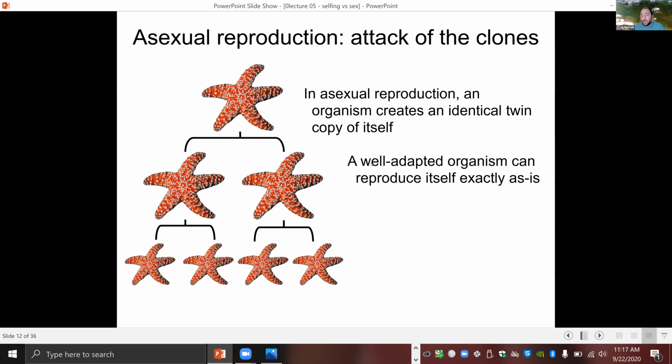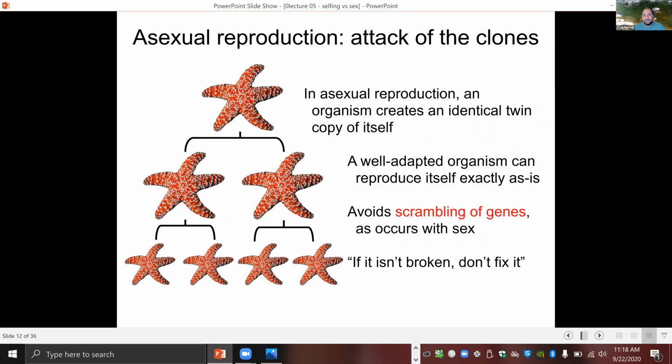So a well-adapted organism, one that's been through several rounds of selection and can survive and reproduce asexually in a specific habitat, will reproduce itself exactly as it is. This avoids the scrambling of genes, or really the scrambling of alleles for each gene across many different genes. So the idea is if it's not broken, don't fix it.